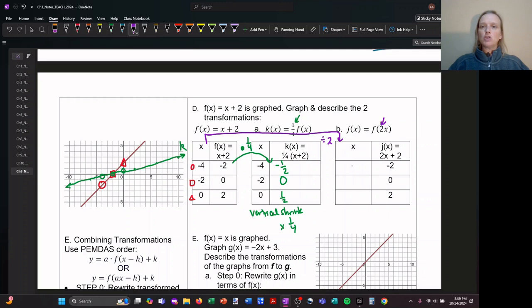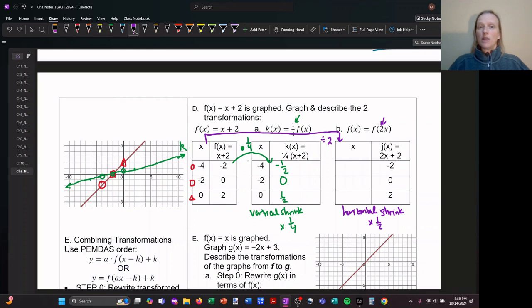Divide by 2 to get the new input value. So this is going to be a horizontal shrink by a factor of 1/2. Okay, dividing by 2, multiplying by 1/2 are the same thing.